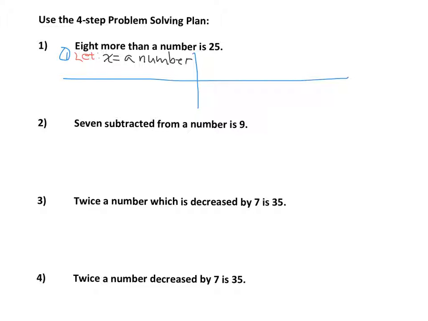Then the second box is where we're going to write our equation to solve. So we're going to translate this sentence into an algebraic equation. 8 more than, technically the word more than here, let's see if I can get my highlighter. The word more than, and I want a yellow color.